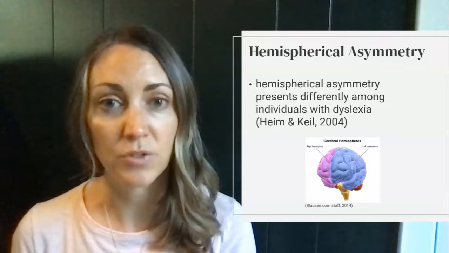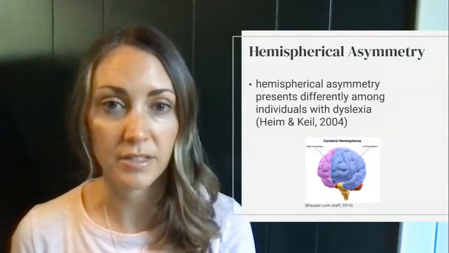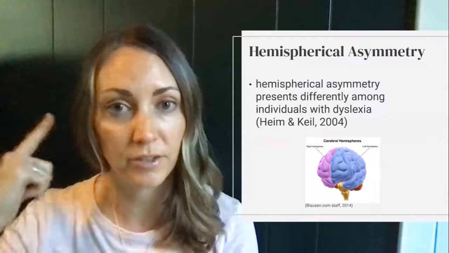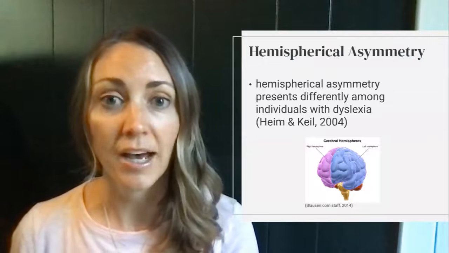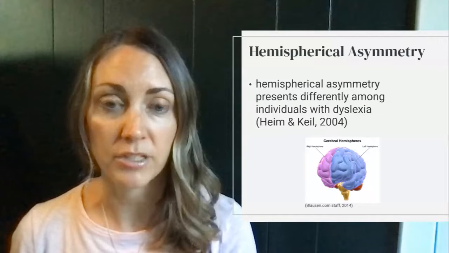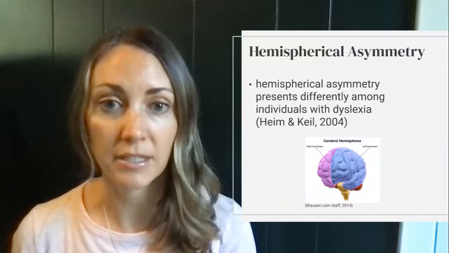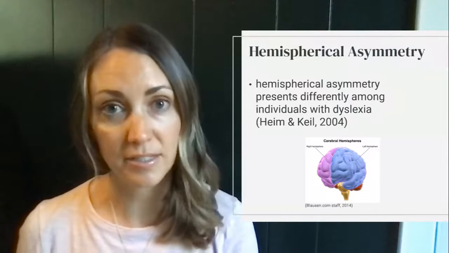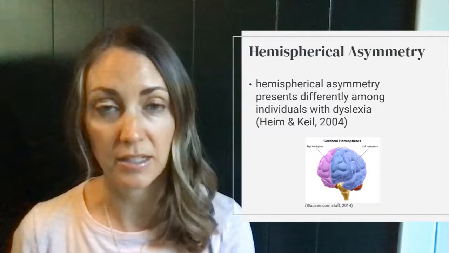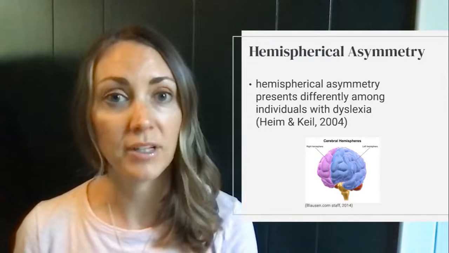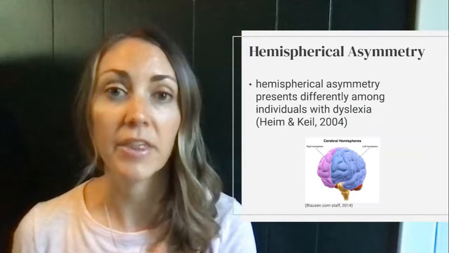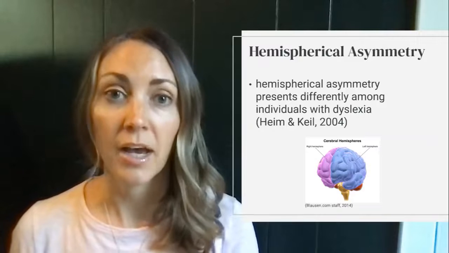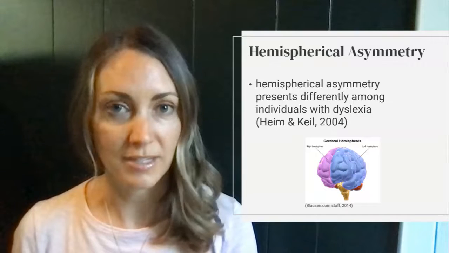And as we've already talked about, so much of the reading work that's done is in that left parietal temporal region. What this study found in 2004 from Heim and Keil is that most people who are non-dyslexic and right-handed will have a larger left hemisphere than right hemisphere, which is quite interesting.